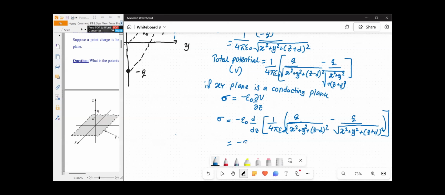So we have minus epsilon naught, and 1 over 4 pi epsilon naught is a constant, so we can take it out. And Q is also a constant.